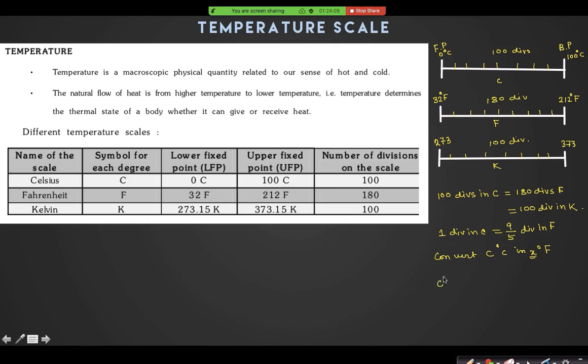So it is C minus 0, C divisions in Celsius scale. That means it is equal to C into 9 by 5 divisions in Fahrenheit scale.